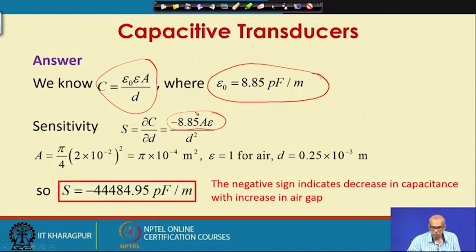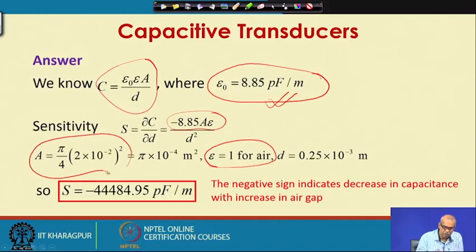Epsilon is 1 or 1.0006 for air; epsilon 0 is for vacuum, this is for air. And A can be computed as pi d square by 4.